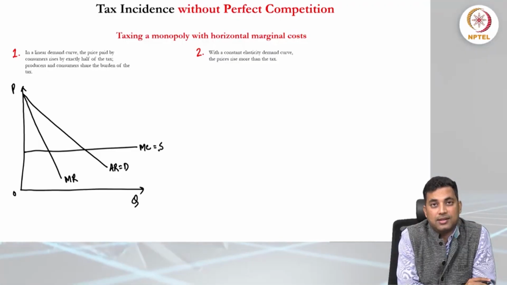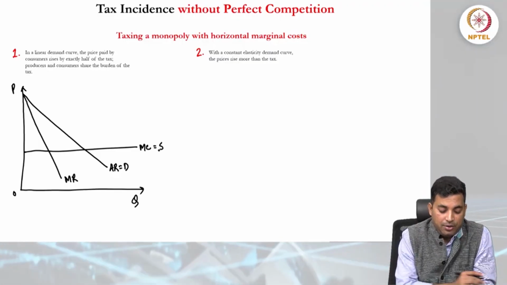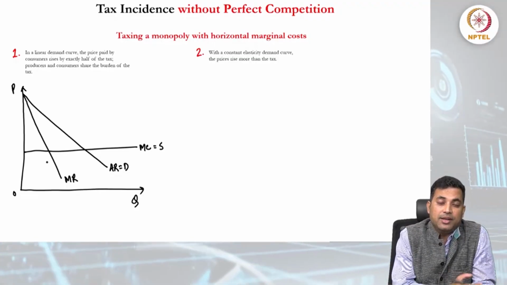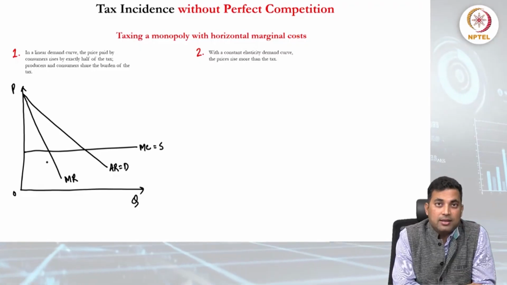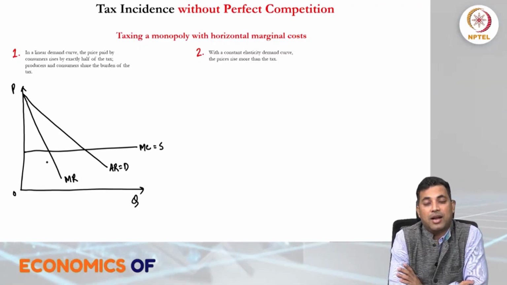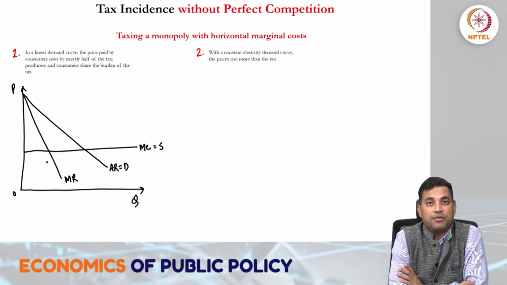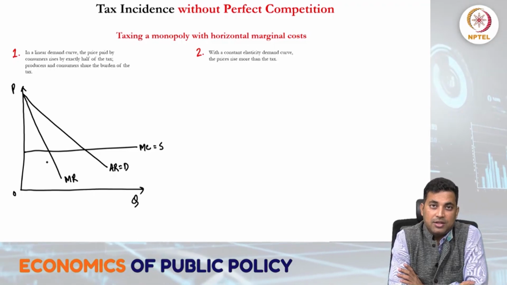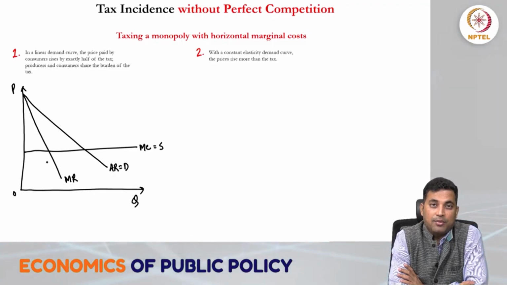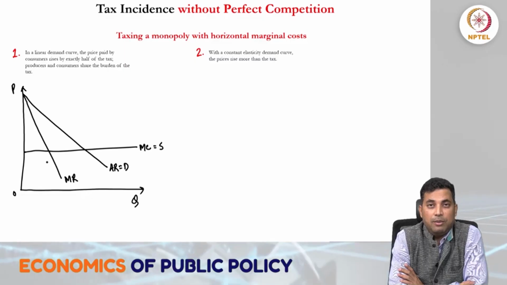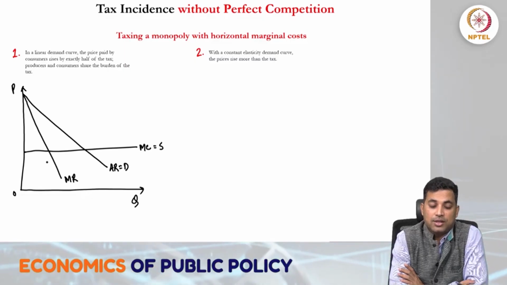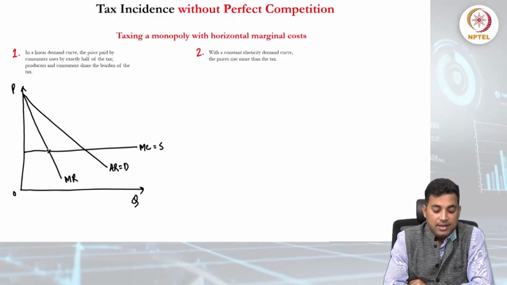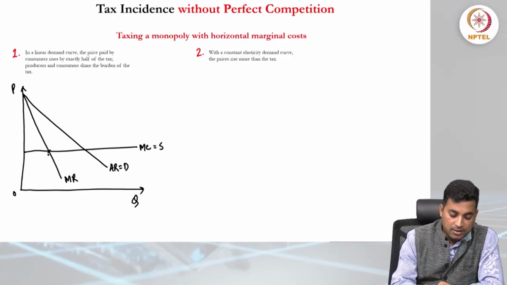Now the first equilibrium point here is the monopoly equilibrium. Any market, including monopolies, aims rationally to maximize its profit, and the first order condition for profit maximization starts at the point where marginal revenue equals marginal cost.